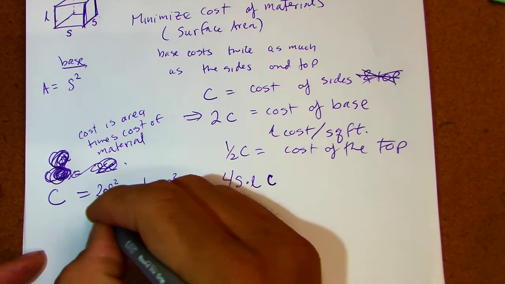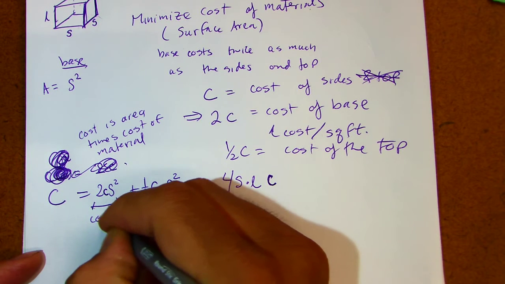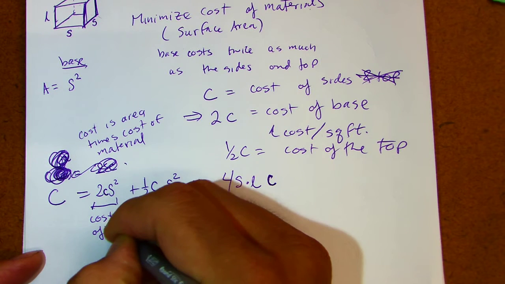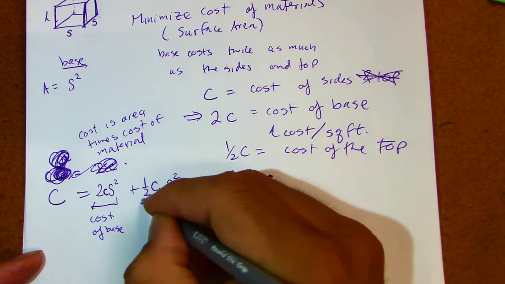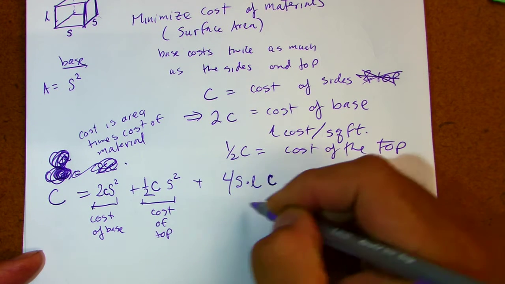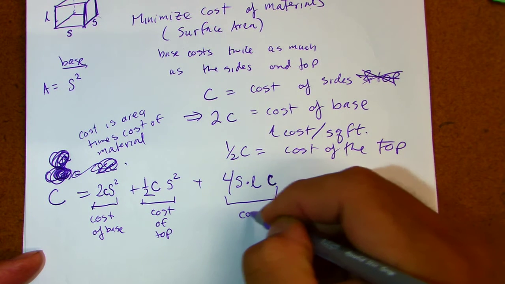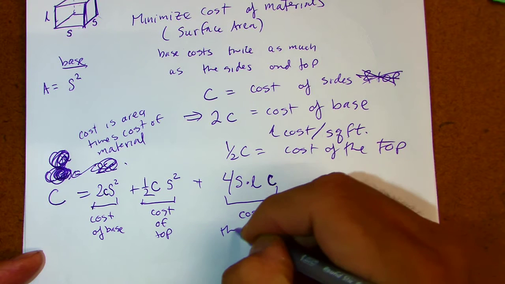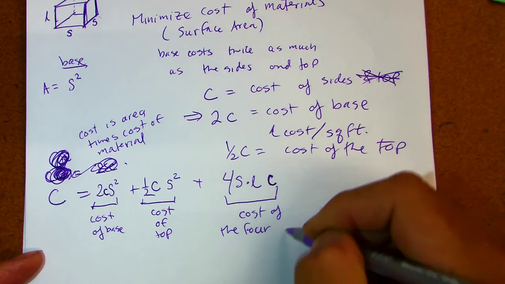Okay, so again here, cost for the base, cost of the top, and here, cost of the four sides.